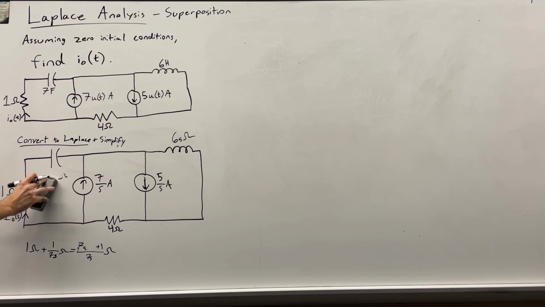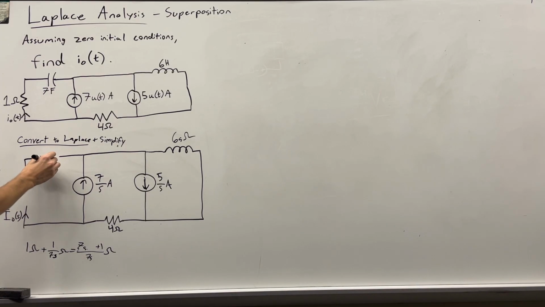So then combining the capacitor and the resistor into a general impedance, the value is 7S plus 1 over 7S ohms. And that's all the simplifying we can do.